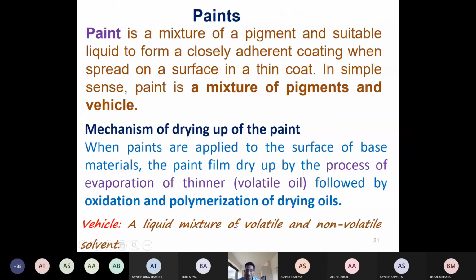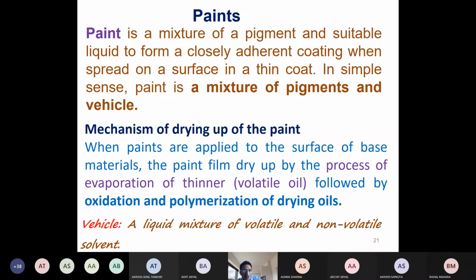And next is paint. The next chapter is paint, and paint is a very interesting one that is applied in your building, outside and inside. How do you define paint? Paint is a mixture of pigment, which means solid coloring matter, and a suitable liquid to form a closely adherent coating when spread on a surface in a thin coat.